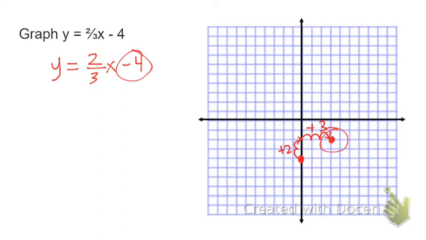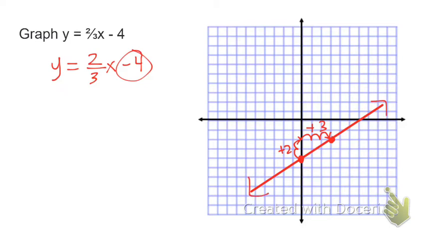You're always going to start counting wherever your b value is. So from that b value, you go up 2 and to the right 3, because up is positive and to the right is positive as well. So you have 2 points. You're pretty much done. You just grab a ruler and connect the dots. Easy peasy, lemon squeezy. That's good enough.